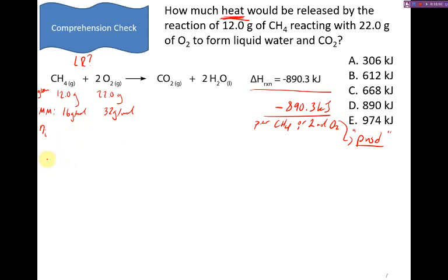So for methane, we have 12 grams using the molar mass of 16 grams per mole. And the fact that it gives off 890.3 kilojoules per 1 mole.